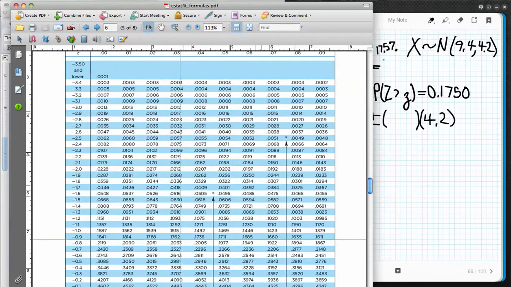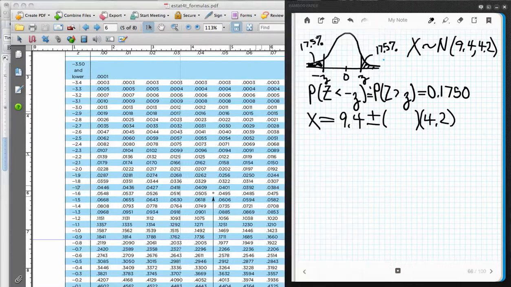So 1762 is 0.0012 off, 12 high. And the other one, 0.1736, is a little bit low, 0.0014 low.